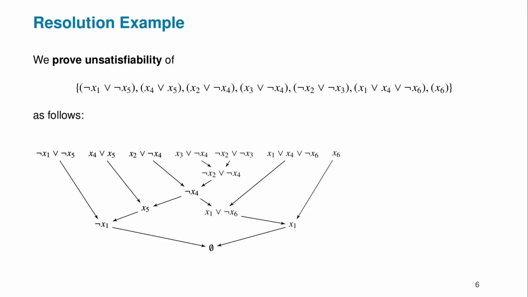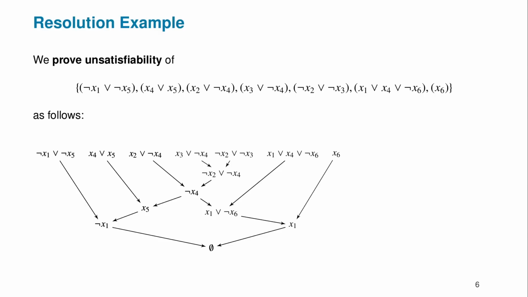When we conclude that no more application of the resolution rule is possible, then we know the formula is satisfiable. Yeah? This is a good thing about propositional logic, that we can also decide satisfiability by exhaustively building all possible resolvents and then concluding no contradiction can be derived, and therefore the formula is satisfiable.